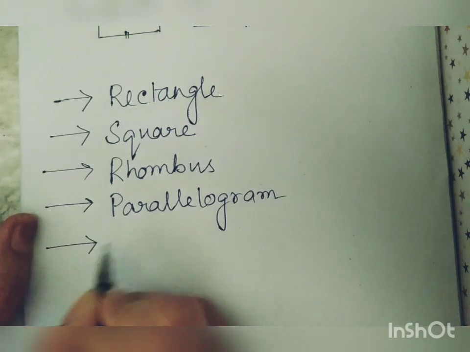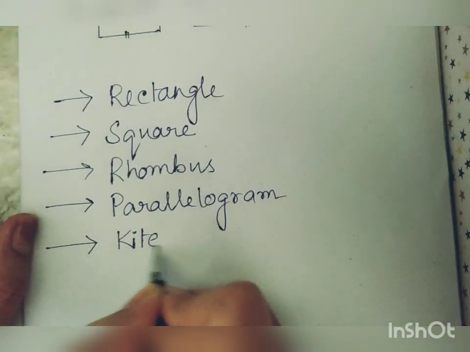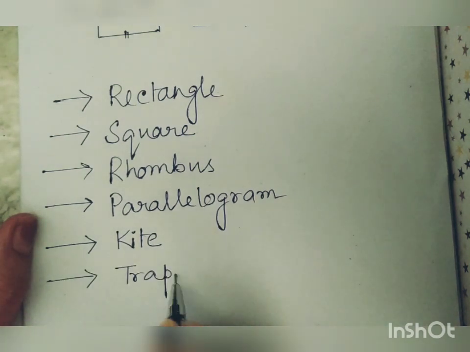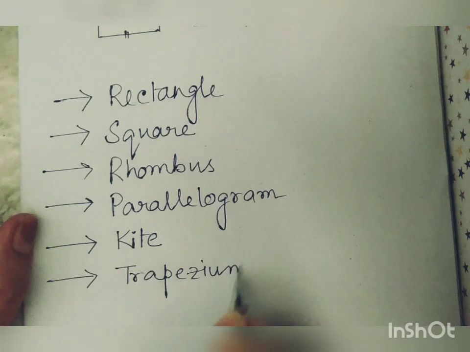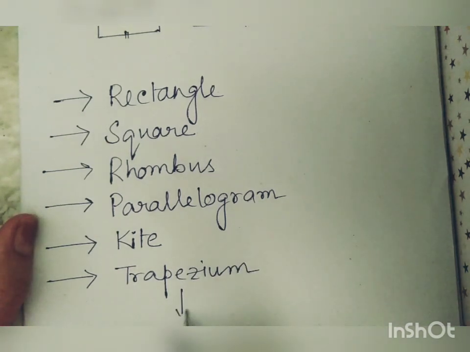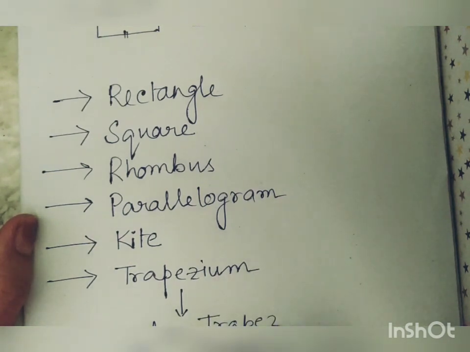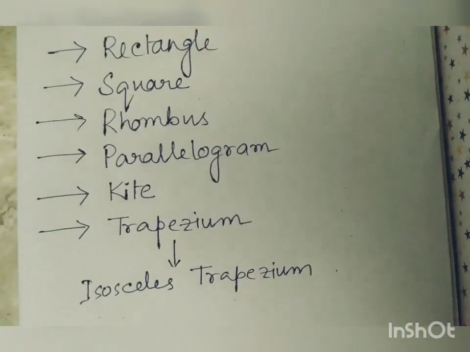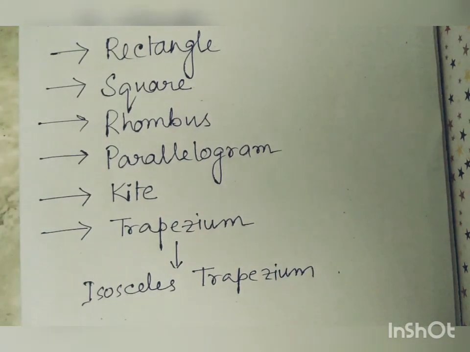Then kite. Then trapezium. After that, there is a part of trapezium that is isosceles trapezium. So these are the types of quadrilaterals about which we are going to talk. Now first we will start with rectangle.